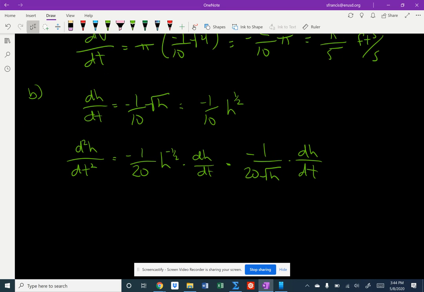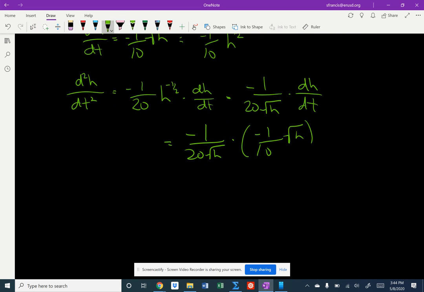And we know dh over dt, well, this is negative 1/20th with root h in the bottom, and then this is negative 1/10 root h here. When you multiply these things together, the root h's cancel, the negatives cancel, and you get 1/200, which is greater than 0.